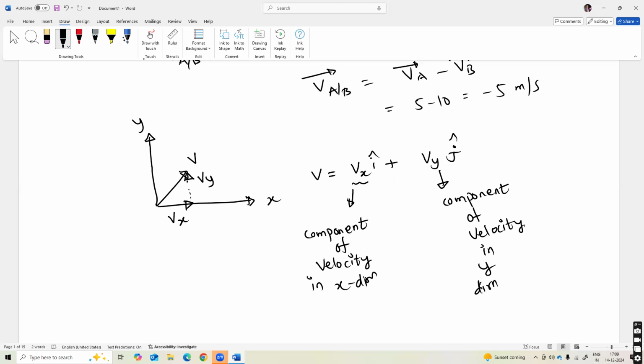In a similar manner, i is the unit vector in the x direction, and j is the unit vector in the y direction.